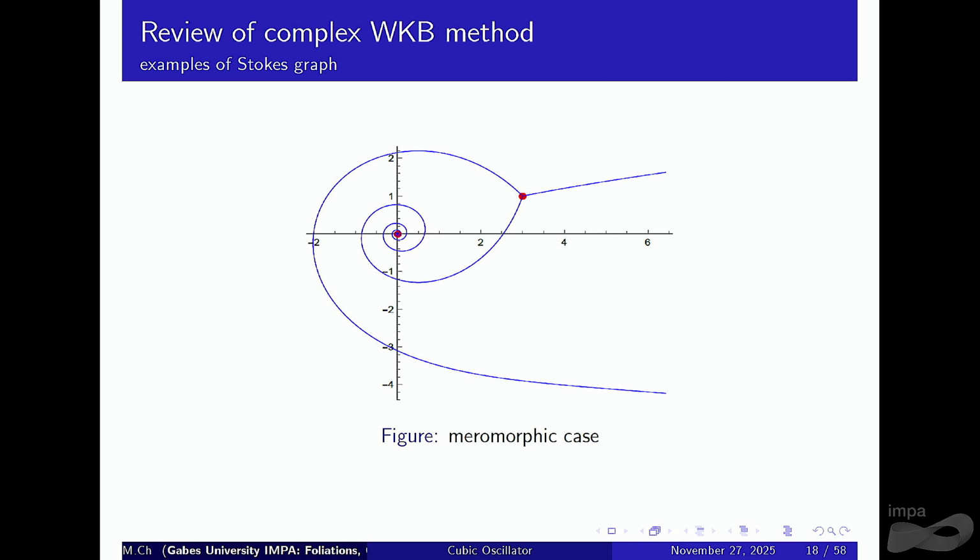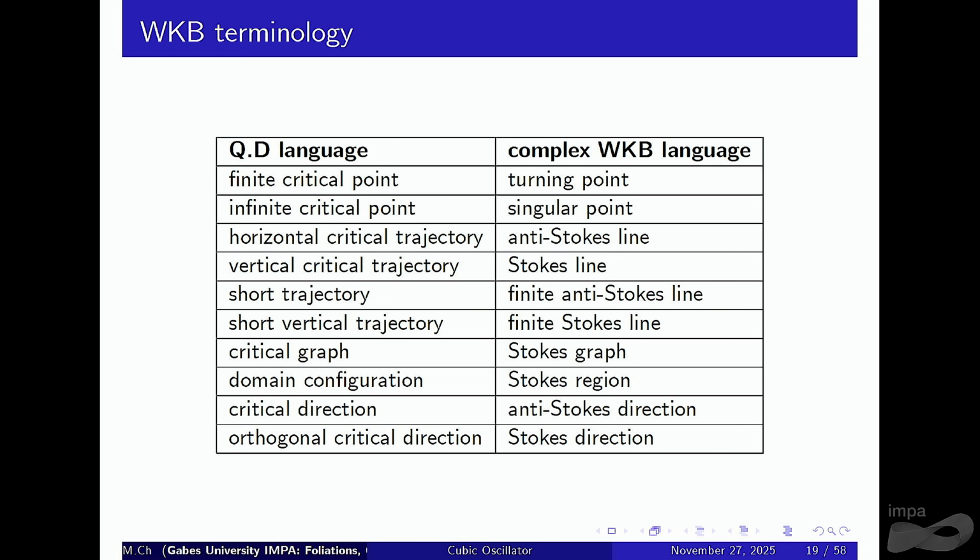This is a quick comparison of the terminology of quadratic differentials and the terminology in the complex WKB method. The critical points are the turning points, infinite critical points and the singular points, and the horizontal critical trajectories are Stokes lines, and so on. We have all this terminology.